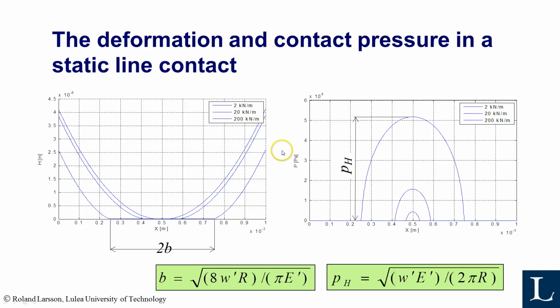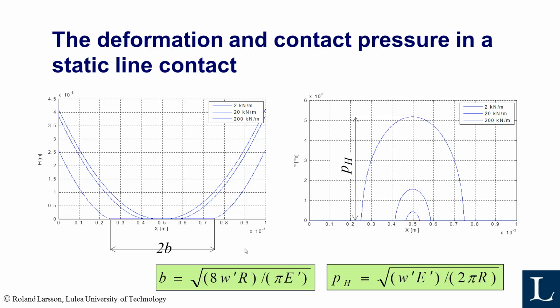This figure shows how the contact zone grows from the 2 kilonewton per meter case to the 200 kilonewton per meter case. And you can also see how the pressure increases. So the pressure doesn't grow linearly with load. It grows in this case only with a square root with load, and the same for the width of the contact. And that's important to have in mind when we think about the lubricated contact.